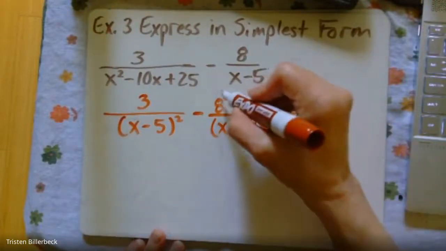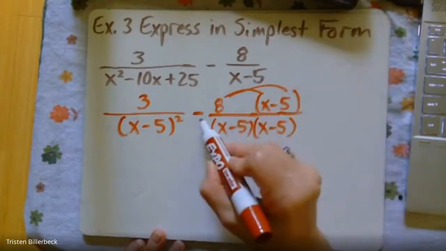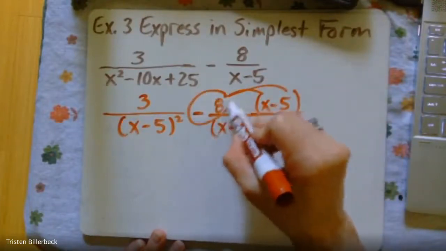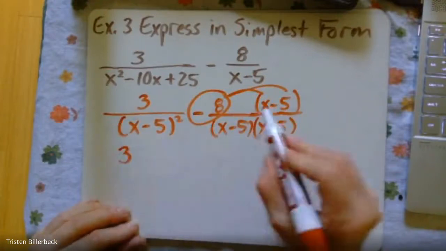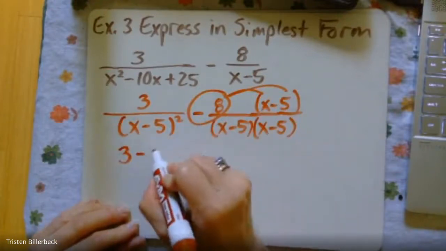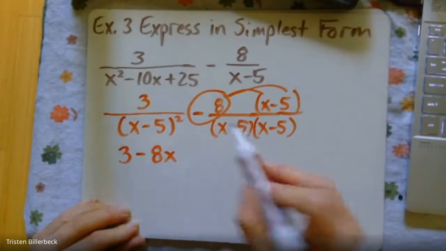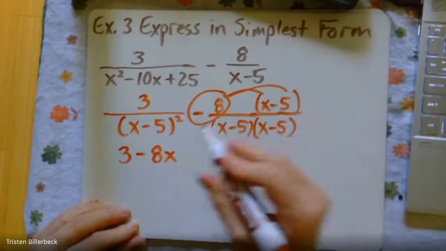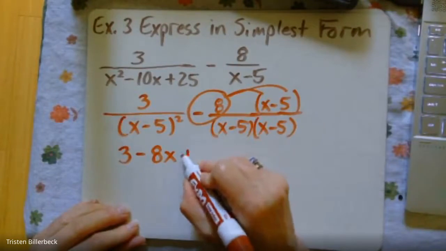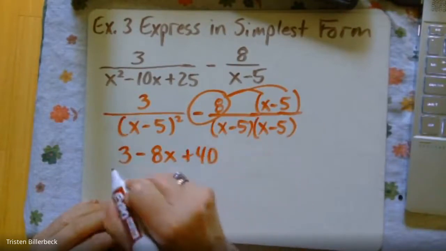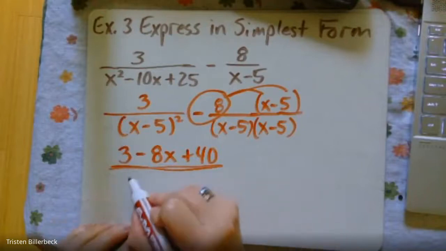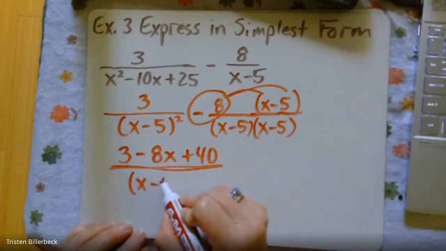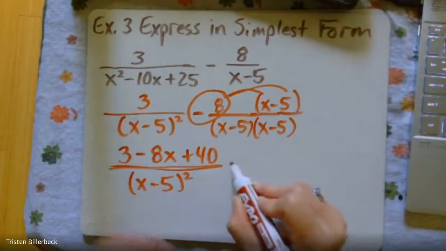All right, so we're going to distribute the 8, and remember that there's a negative there that we distribute with the 8. So we have 3, and that's going to be minus 8x, and minus 8 times minus 5 is a plus 40. So then we have x minus 5 squared.